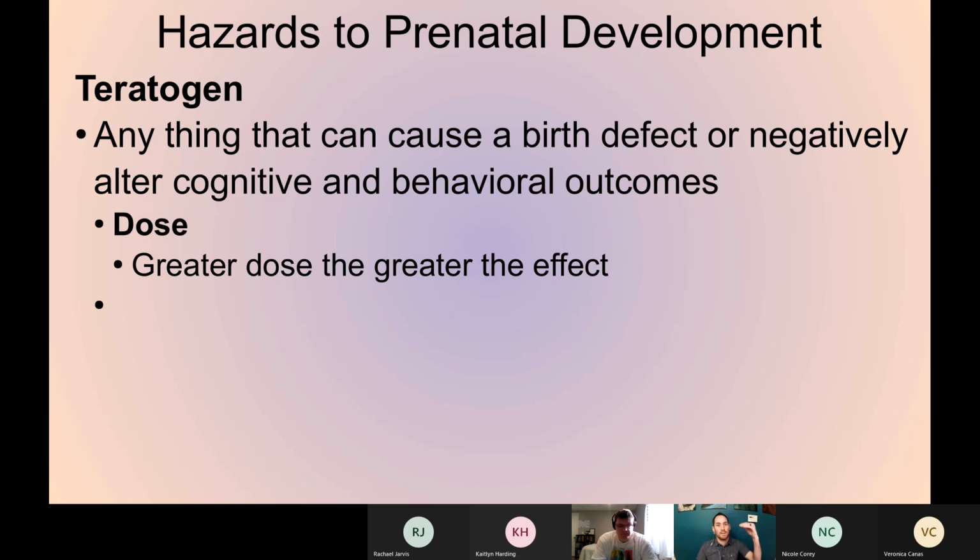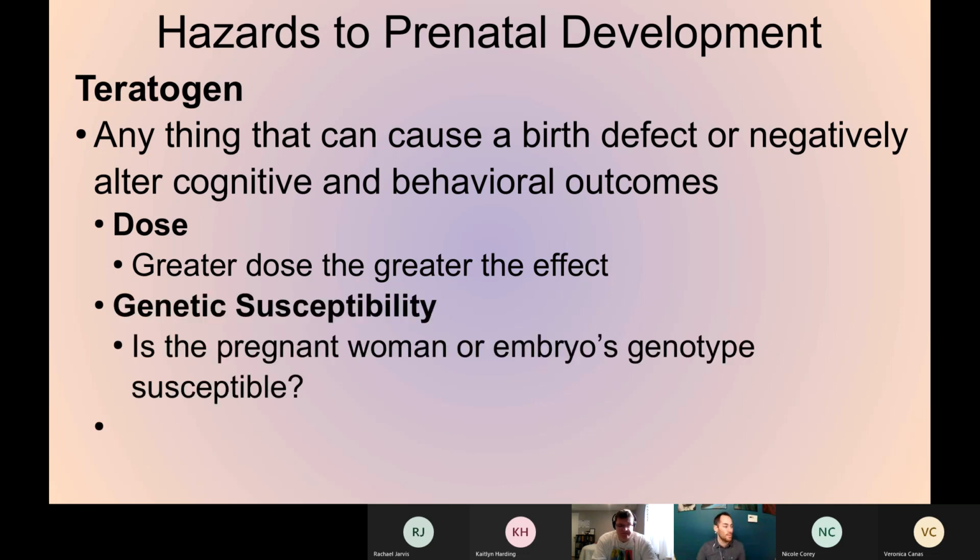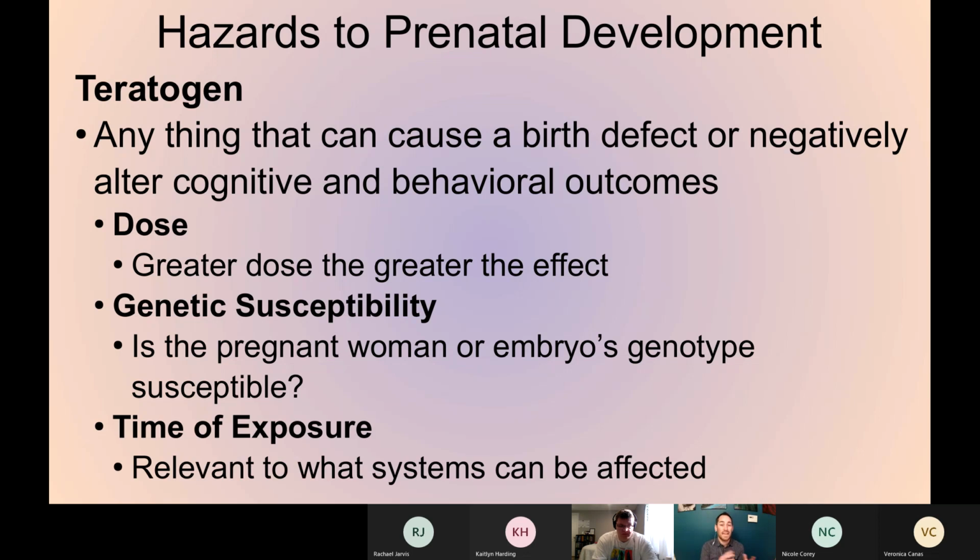And the more it is, it might lead to worse outcomes. And then genetic susceptibility: is that fetus susceptible to this specific teratogen? And also, what time in the development of the fetus is this happening? Is this happening at week 3 versus week 20? Depending on the chemical, it might make a change at one of those times, but not another.